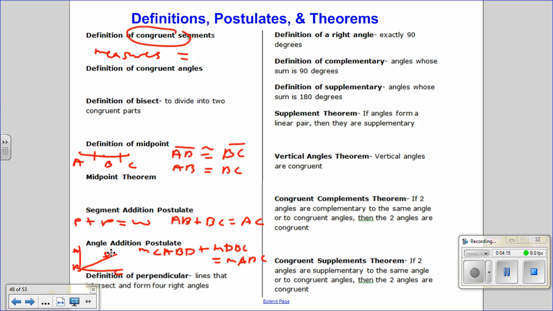So it's the two smaller angles, ABD and DBC, together make up the larger angle, ABC. So that's the angle addition postulate. We have the definition of perpendicular already written for us, as well as some of the others. And we'll use those today.